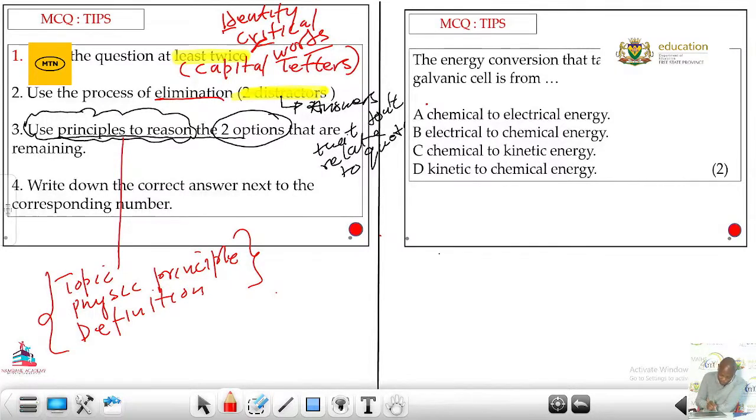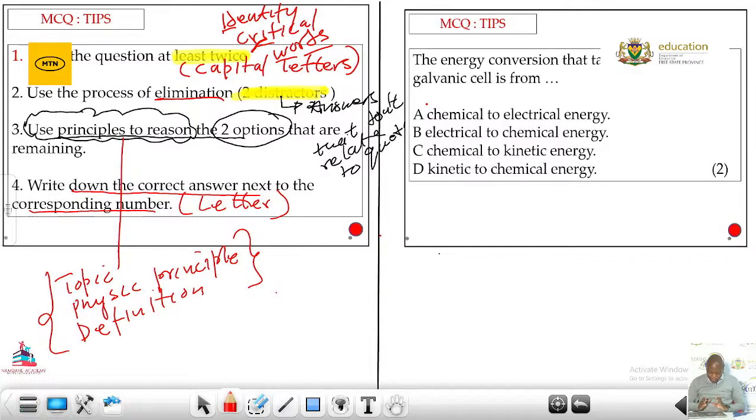Then the last part will be to write the correct answer next to the corresponding number. And the correct answer, remember, must be a letter. You do not have to rewrite the sentence or the words that are given.